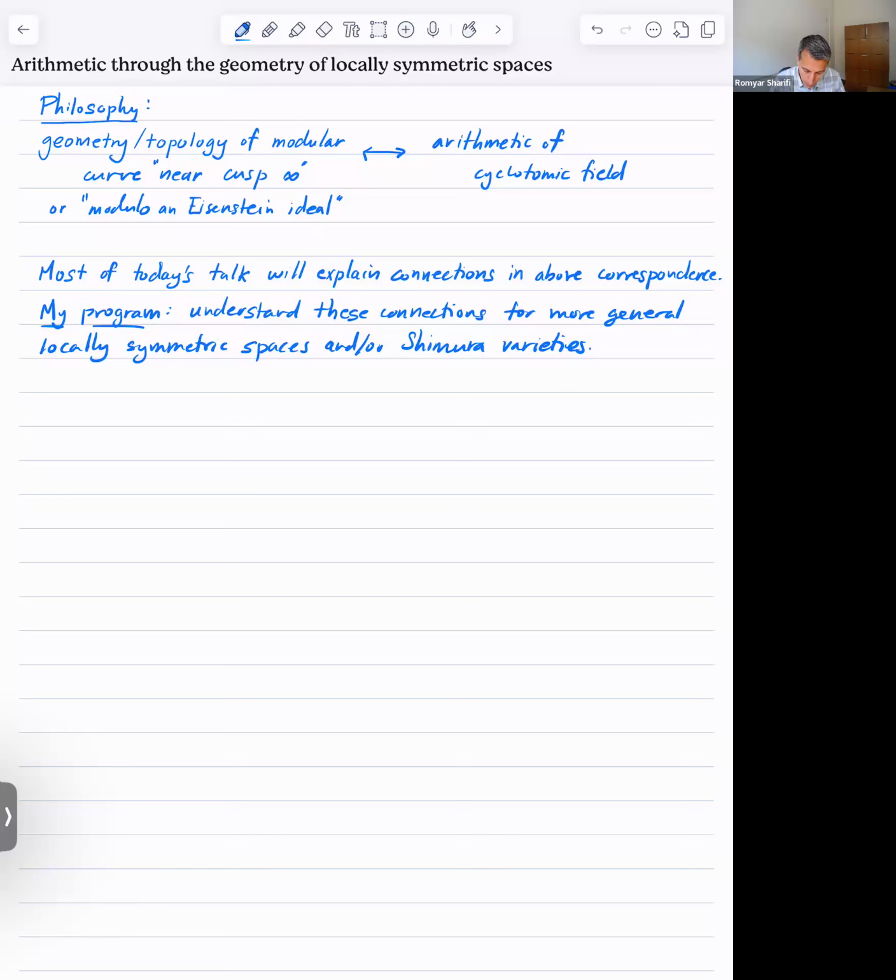Okay, so let me review some number theory. The modular curve Y1(N) can be viewed as a scheme over Spec of Z[1/N].